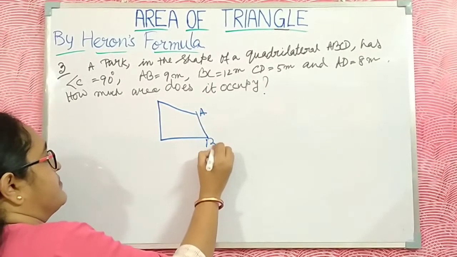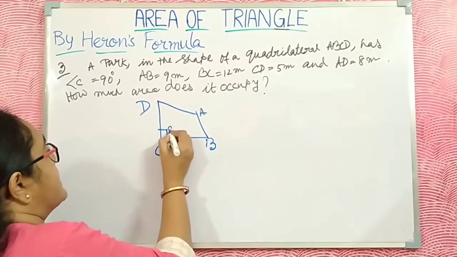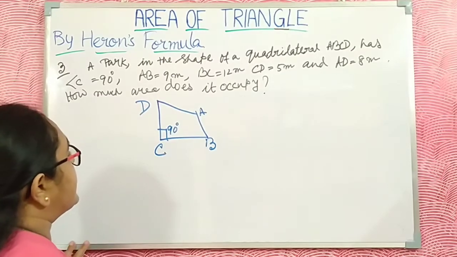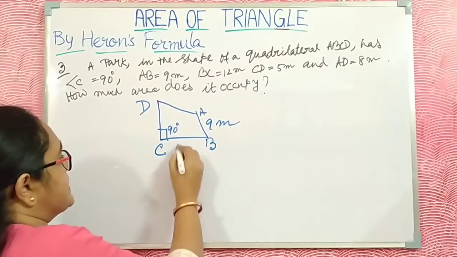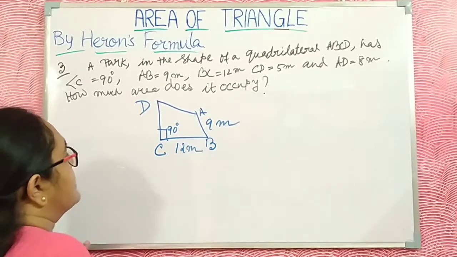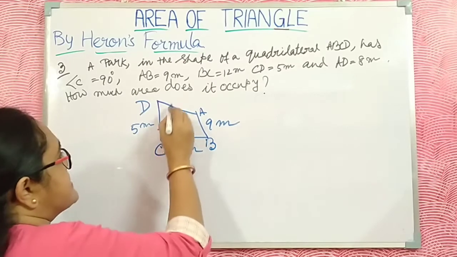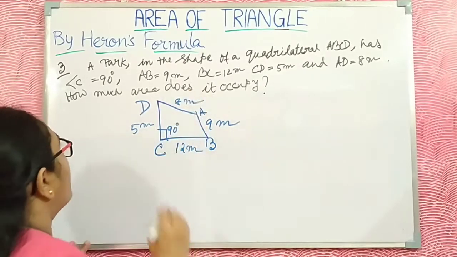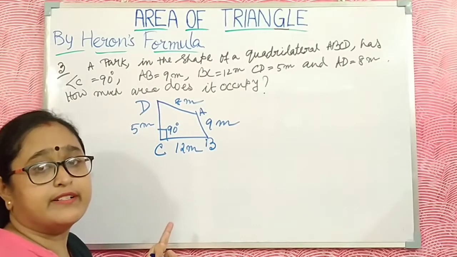Here A, B, C, D. AB is 9 meter, BC is 12 meter, CD is 5 meter, AD is 8 meter. Now, how much area does the quadrilateral occupy?